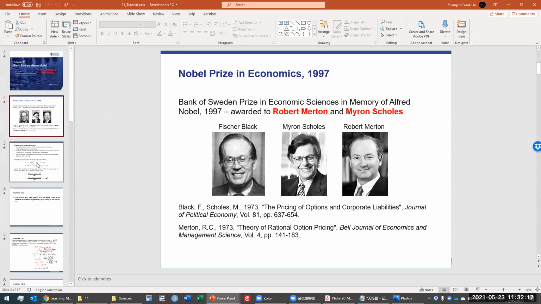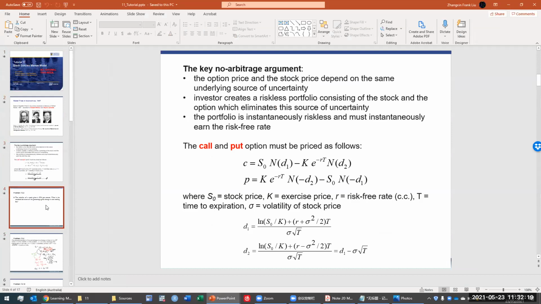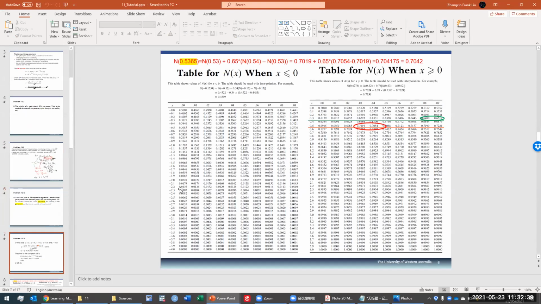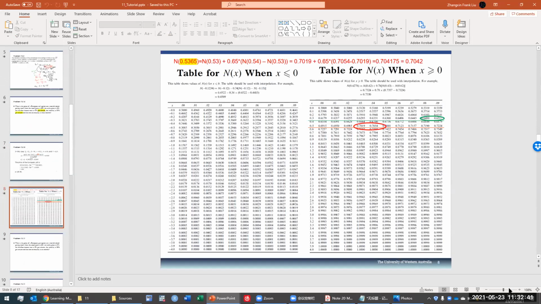It feels like yesterday, but it was the day before yesterday. Knowing the formulas is important, obviously, and knowing that you can't use it to price American options, and knowing how to look up the numbers N and d. Given that it's open book, I don't think the table will be supplied, so you have to look up your own tables. In your tutorial questions, you will go through how to actually look up these numbers.